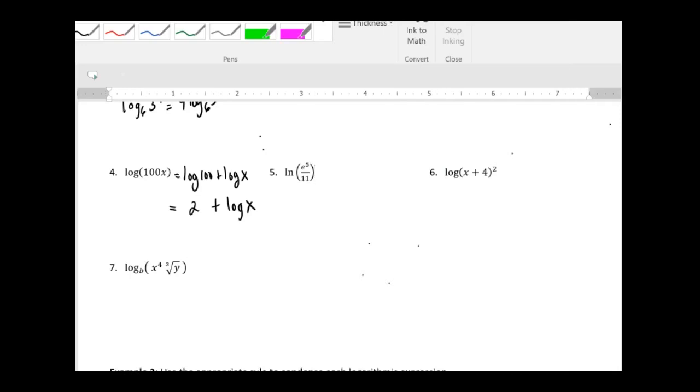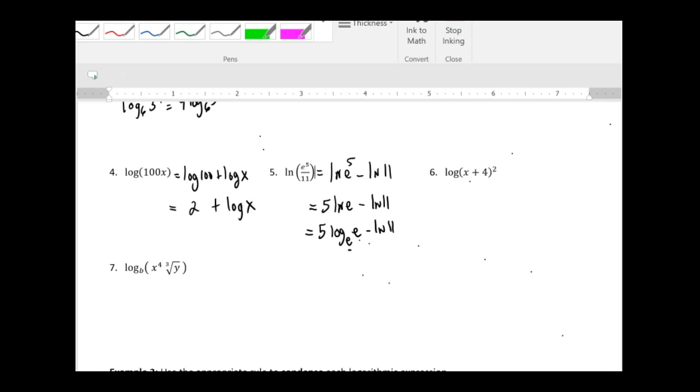Okay, so the next problem, we have natural log of e to the 5th power minus natural log of 11. But notice that we have an exponent, so we can bring the 5 to the front. So we have 5 natural log of e minus natural log of 11. Now the natural log is the same as saying log base e of e minus natural log of 11.